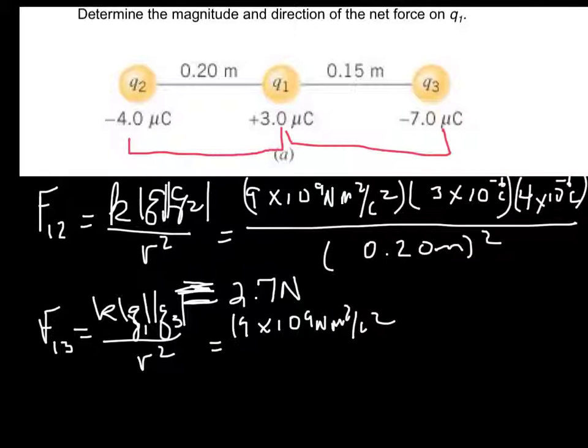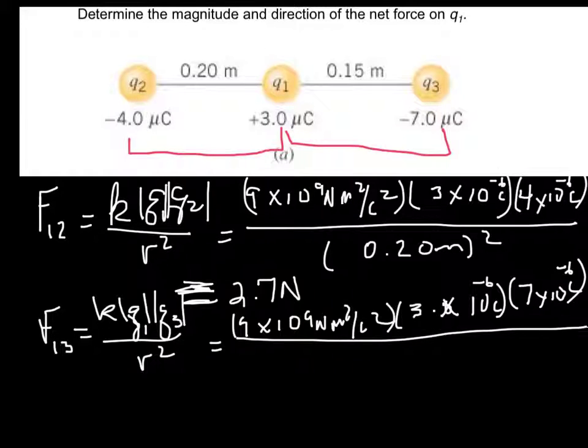Now, you're not required to put in the units if you don't want, just when you're plugging in. 3 times 10 to the minus 6 coulombs, and then 7 times 10 to the minus 6 coulombs, and divide by the distance between those, which is 0.15 meters.